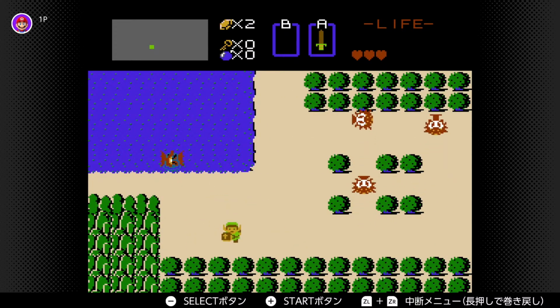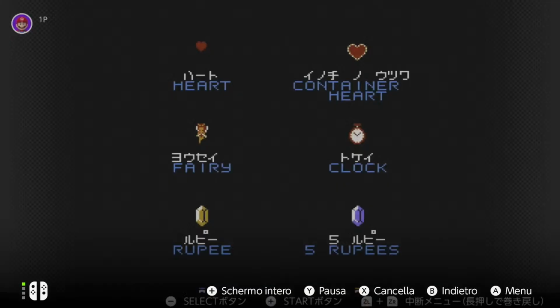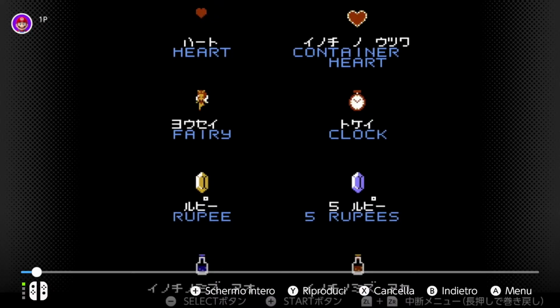Okay, we got a fairy. And speaking of, let's see it in our item list. Yōsei.